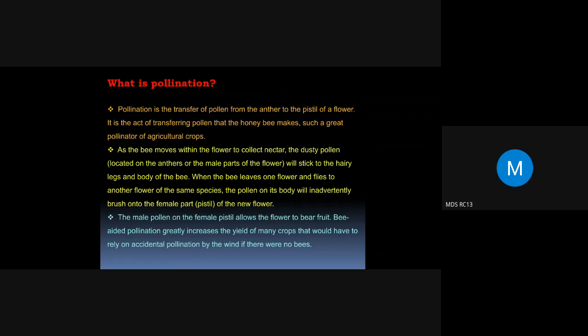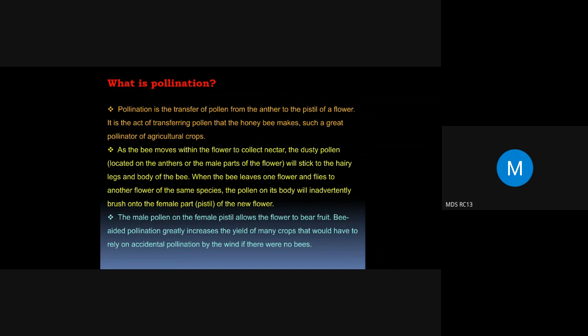That is called self-pollination. But the importance of bees comes in plant species where this doesn't occur, and the involvement of honeybees or other bees is required for pollination of these kinds of species. It is called cross pollination, where an external agent is involved in the transfer of pollen grains from the same flower or other flowers.